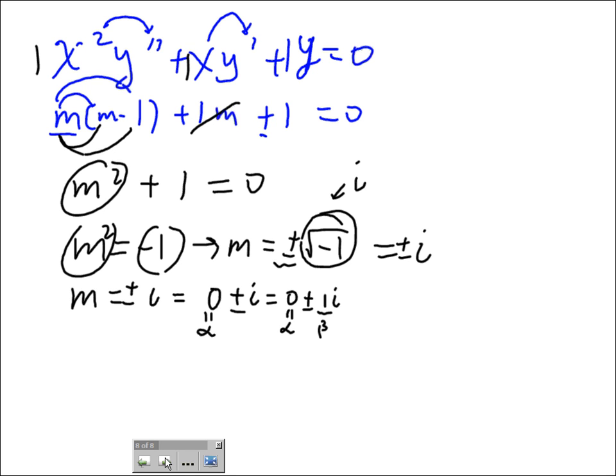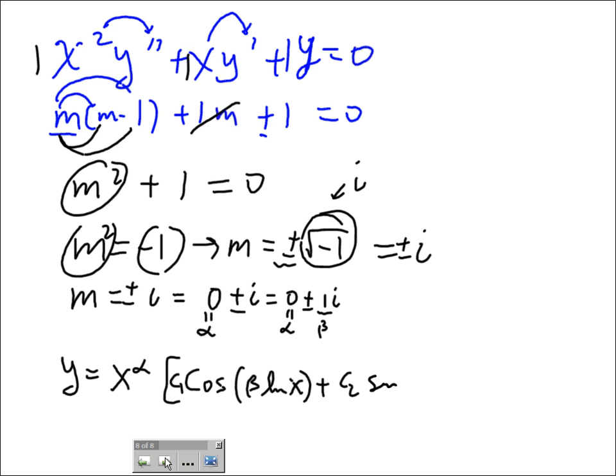And the solution to these Cauchy Euler equations, when you get complex conjugate roots, is y is equal to x to the a, just like before, and then you get c1 cosine of b, which normally is bx, but now is b ln x, plus c2 the sine of b ln x.